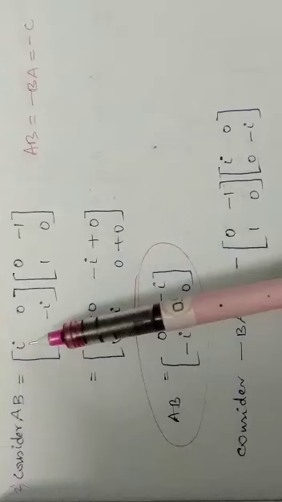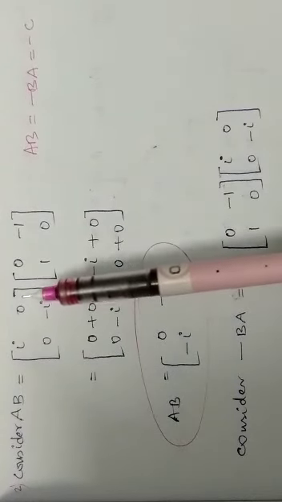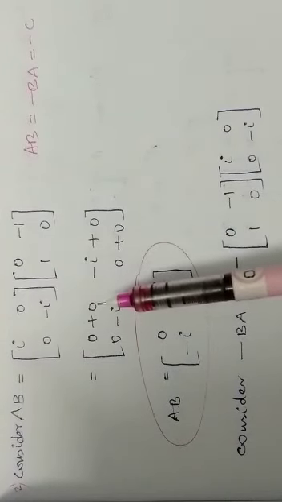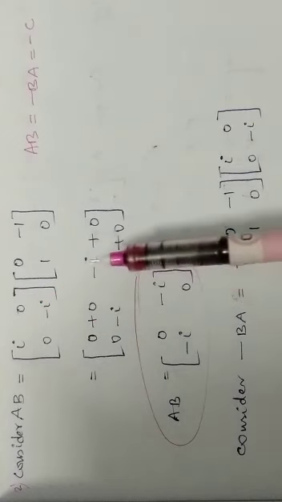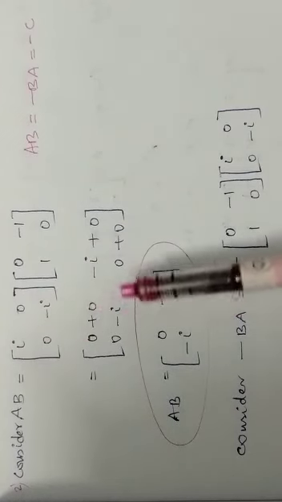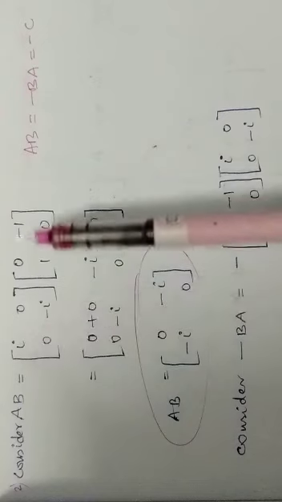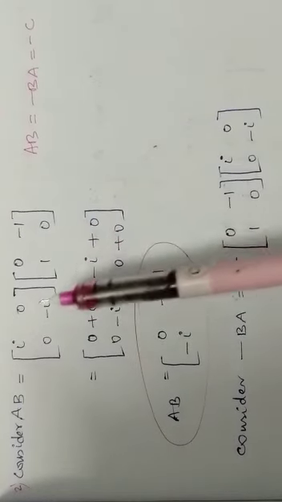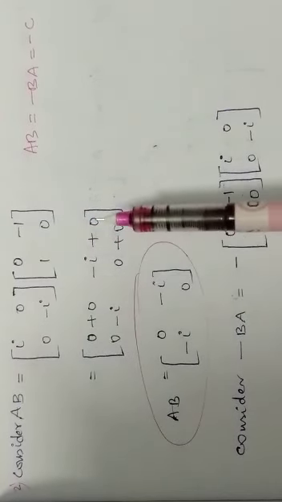So I into 0, 0, plus 0 into 1, 0. By multiplication, I got I into minus 1, plus 0 into 0, 0.